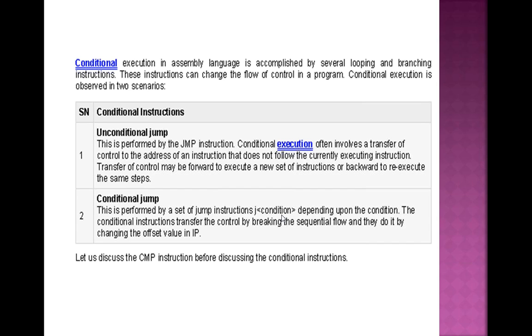Conditional execution often involves a transfer of control to the address of an instruction that does not follow the currently executing instruction. The transfer of control may be forward to execute a new set of instructions, or backward to re-execute the same steps.